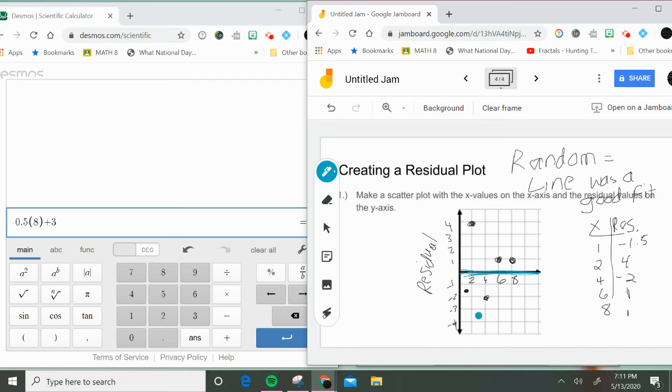So if we draw a good trend line, some of the points are going to be above average, some are going to be below, and it's going to kind of randomly happen throughout. So random is a good thing. If you were to get a pattern, if it were to go up and come back down, that actually tells us that a trend line wasn't a good shape for the data. So that is how we create residual plots from some trend line data.